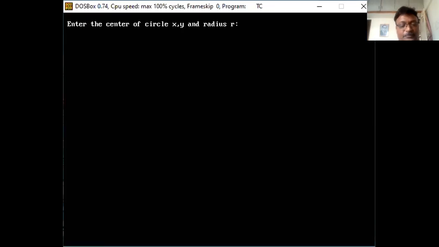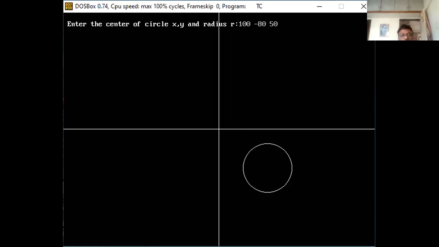Likewise you can verify in all directions. Suppose I put 100, minus 80 and 50. In which quadrant will this appear? The fourth quadrant. So the circle and the line you can vary as the user enters the coordinates.